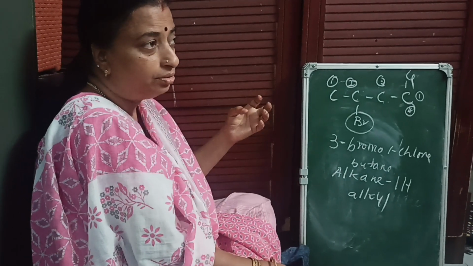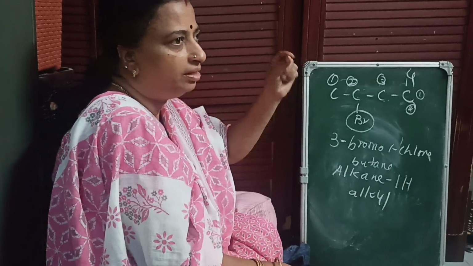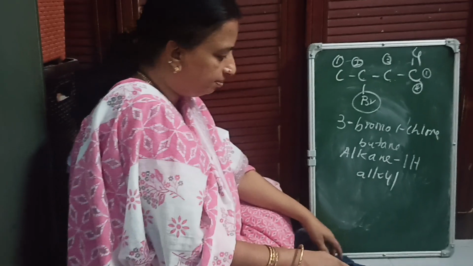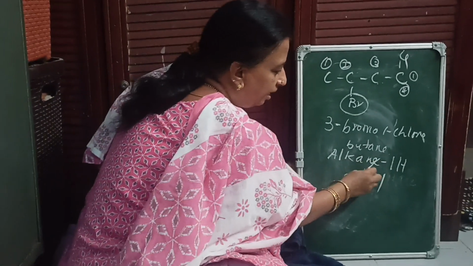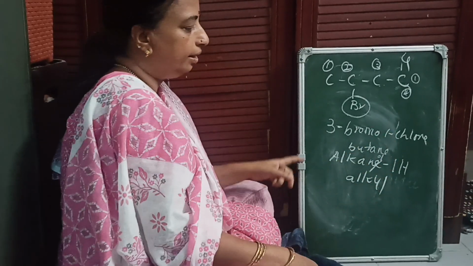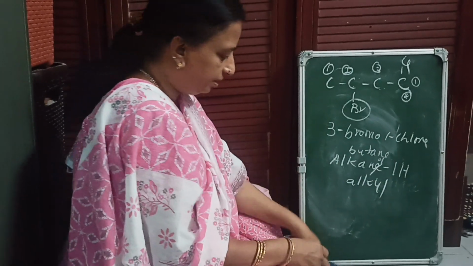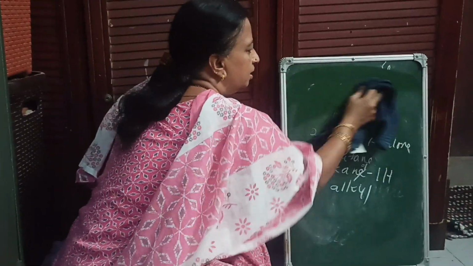So we have to tell them that priority should be given to the functional group. What is a functional group? If OH is present, in alkane the E will be cut and replaced by OL, alkanol. For example, if it is methane, we ask how they will give the name to this compound.